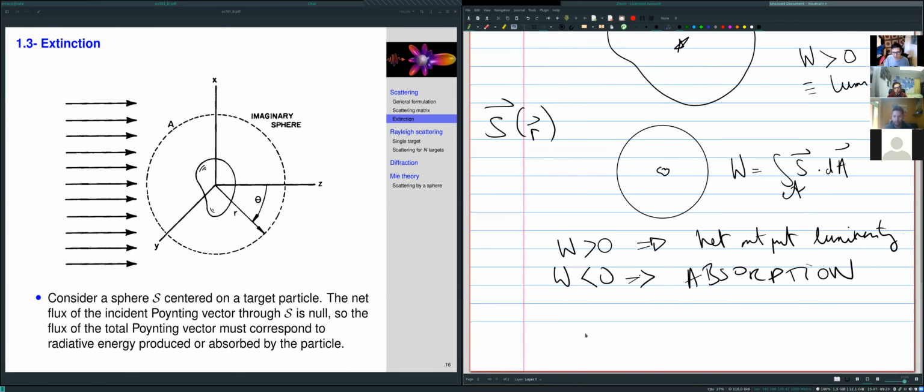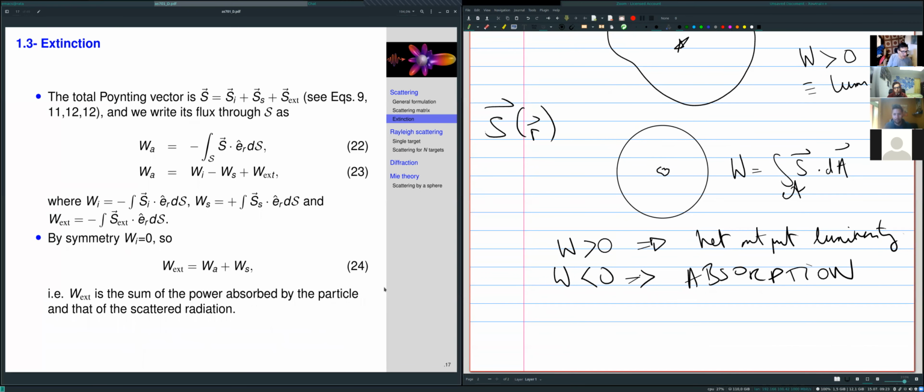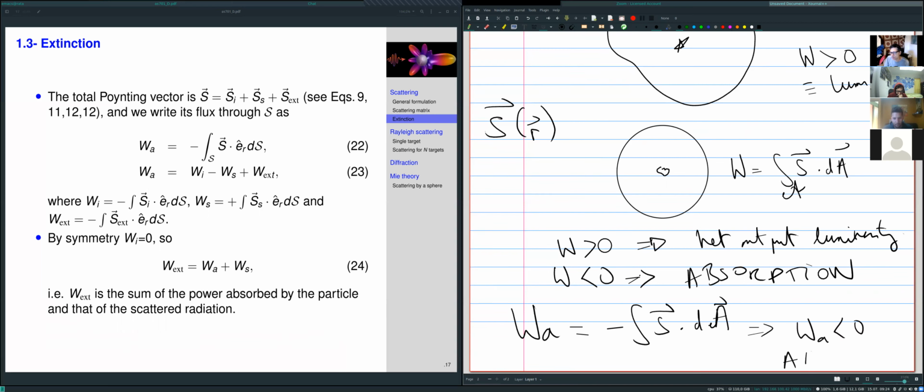And for convention, we are going to give it a minus sign. So that if it's positive, it means we have an absorption, okay? So we now define WA as minus the integral of S dot dA. And this means that WA positive means absorption.